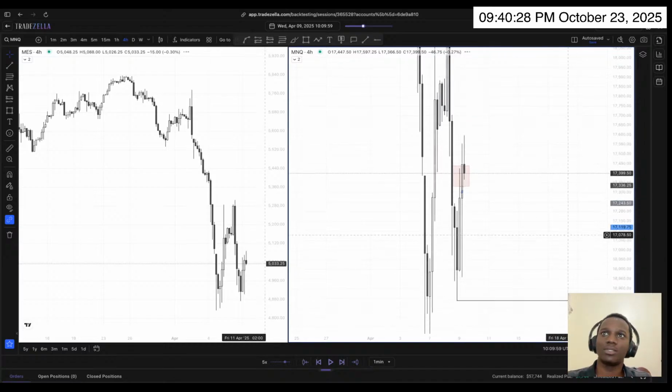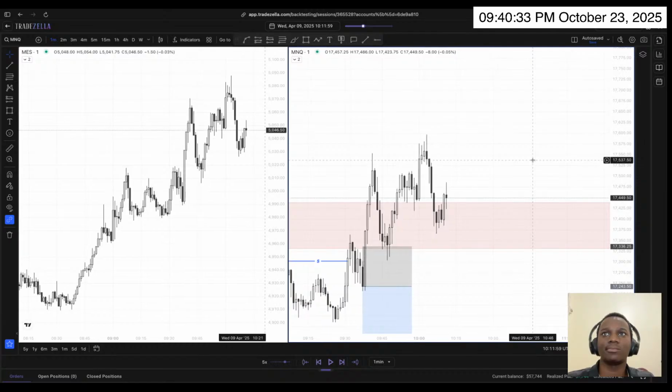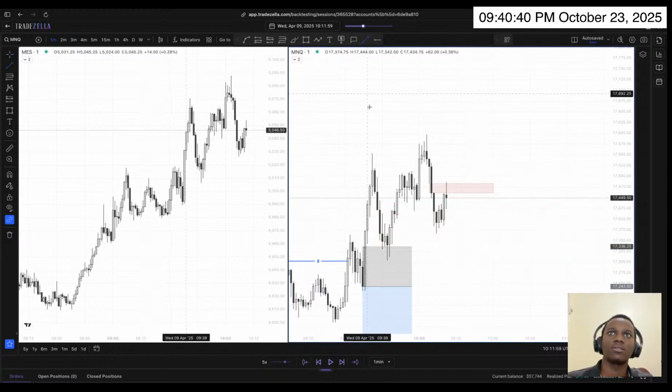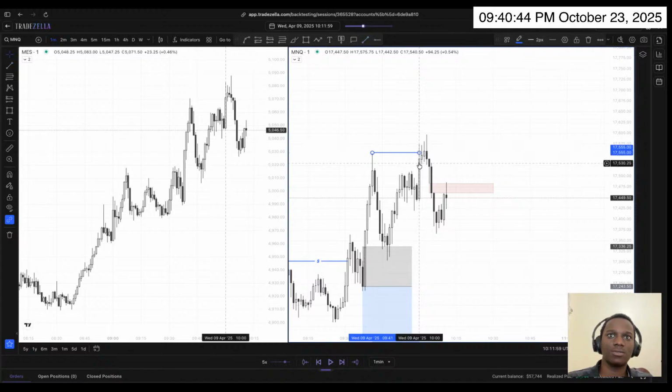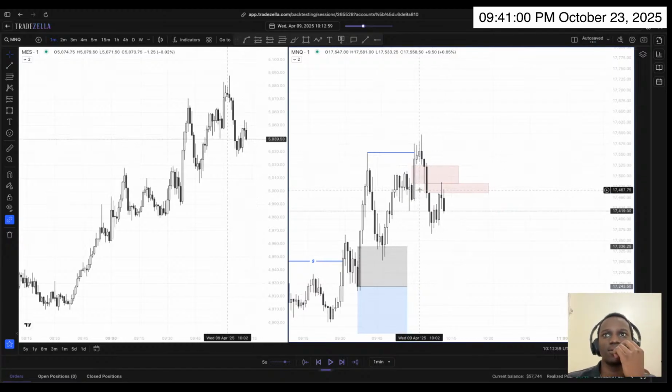I mean, we're still in the gap, so I'd like to see it go lower. Good gap there. Got a good sweep here as well. And then the inversion, so I'd like to see it shorted there.